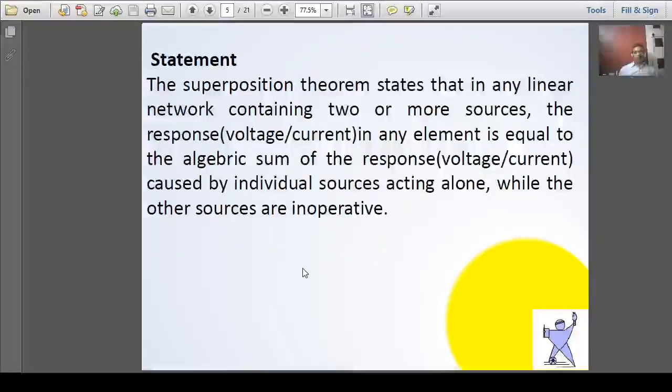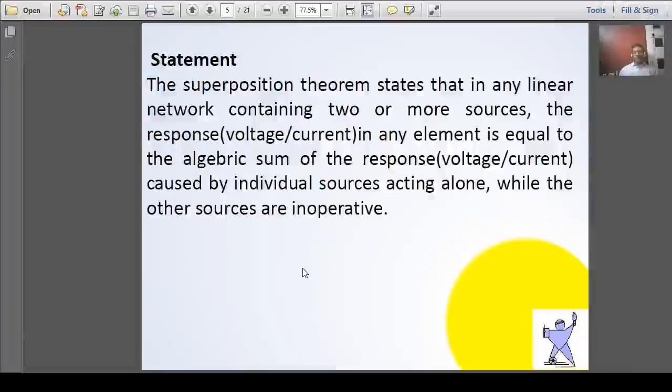So the statement of the superposition theorem is: in any linear network containing two or more sources, the response, means voltage or current, in any element is equal to the algebraic sum of the responses caused by individual sources acting alone while the other sources are inoperative. What does it mean?